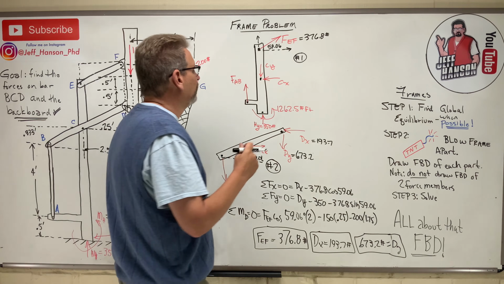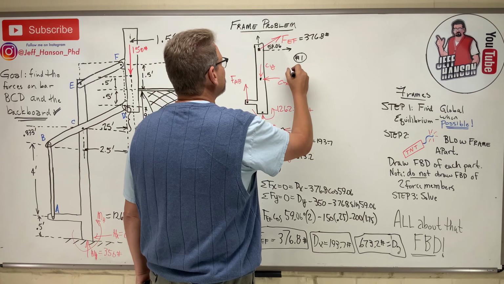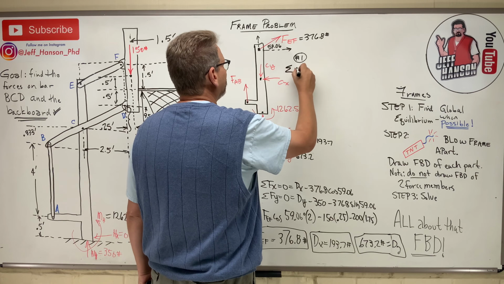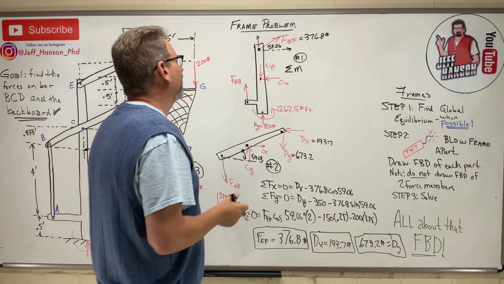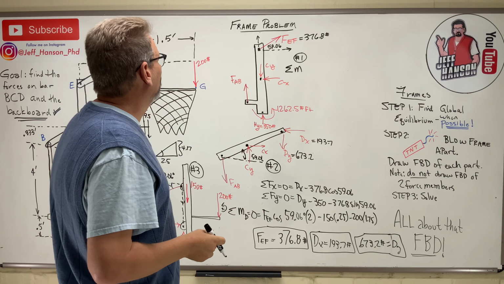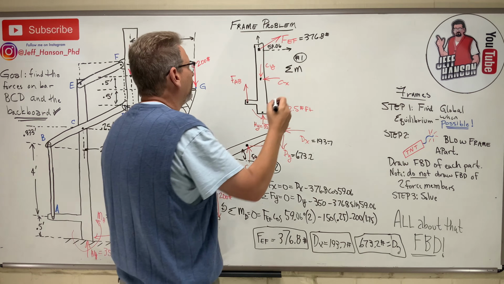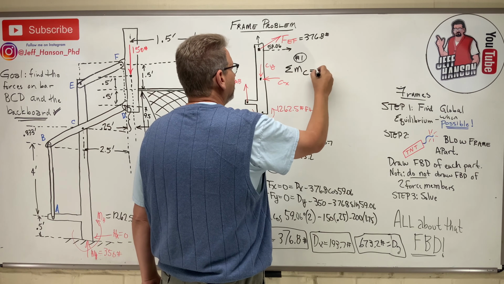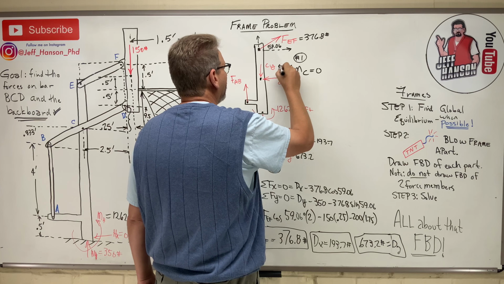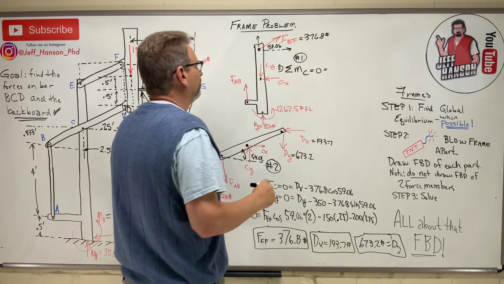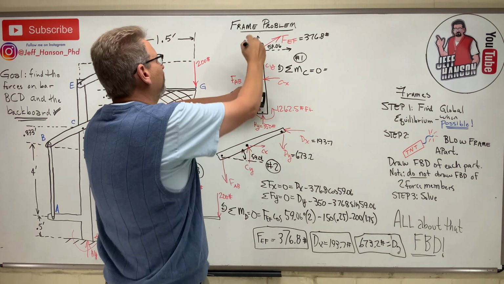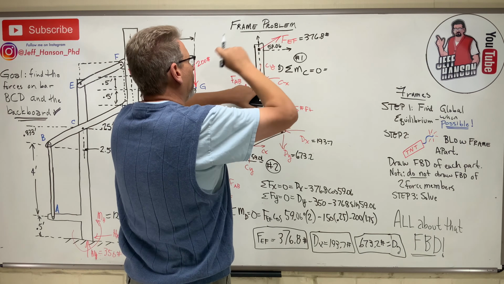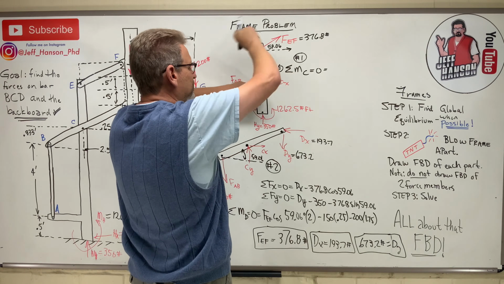So let's do it, okay? So let's just, up here, sum the moments about, I don't know, where do you want to go? C, let's sum the moments at C, what the heck, okay? And what do we have? Well, who gets knocked out? This guy, bam, gone. That guy rotates me negative.